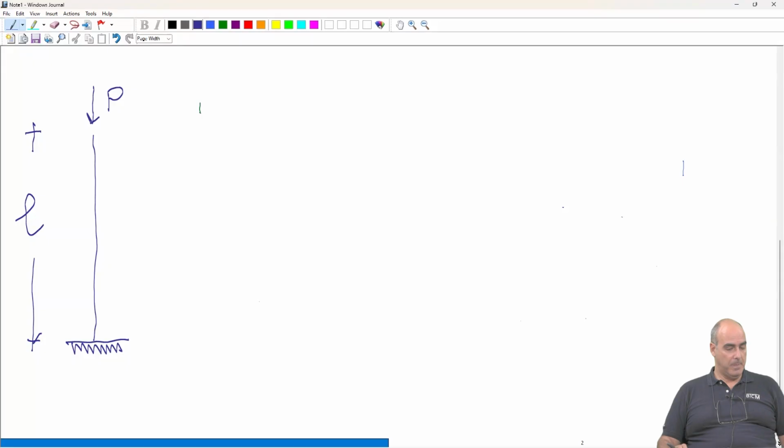Let's call L, it's 8. On the top of the column, there is a load, an axial load applied, P. Well, this, for example, can be if you have a precast building like this.